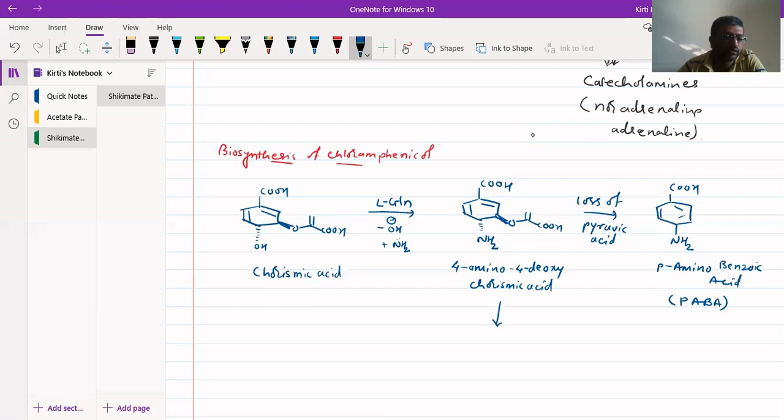Further, if it does not undergo this loss of pyruvic acid, but it undergoes Claisen-type rearrangement, like what we had done for chorismic acid to prephenic acid. chorismic acid से जो prephenic acid हमने बनाया था, उसी टाइप में यहाँ पर भी अगर हम उस type of rearrangement करते हैं, ये ग्रुप अगर हमारा ट्रांसफर होता है at this carbon, transfer of group from here to this carbon and this double bond coming over here, we will get a derivative of prephenic acid.